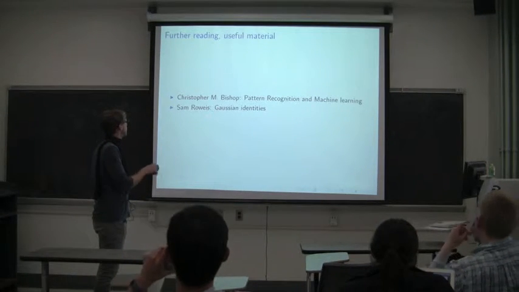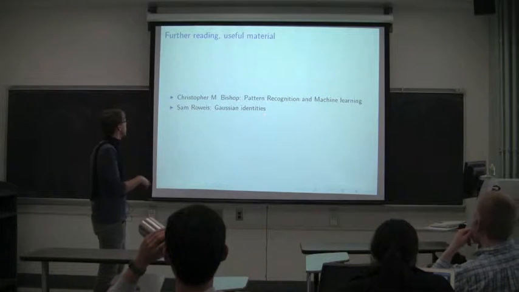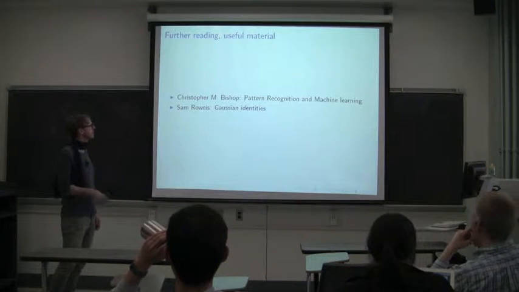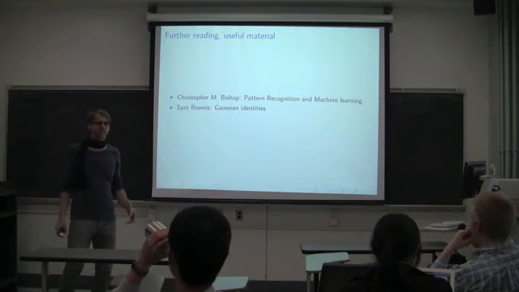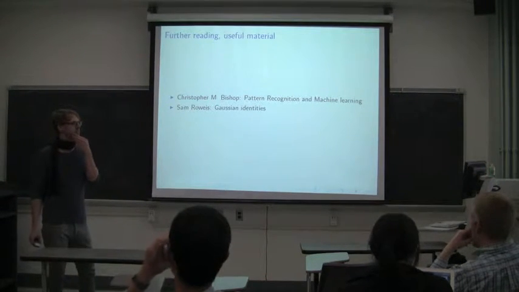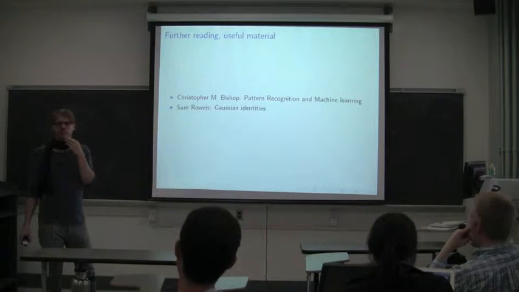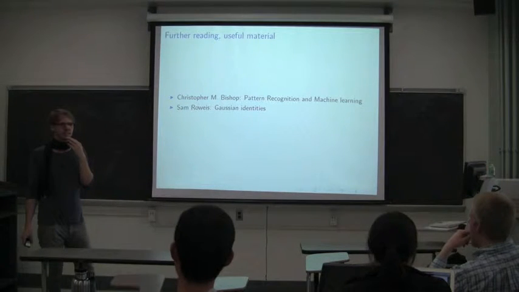I put the link to these Gaussian identities online. The Bishop book is sadly not freely available online, but I put at least a link to the Tibshirani and Hastie book, Elements of Statistical Learning, online.